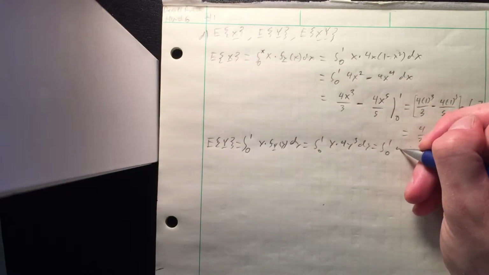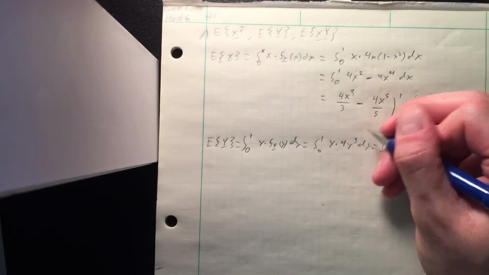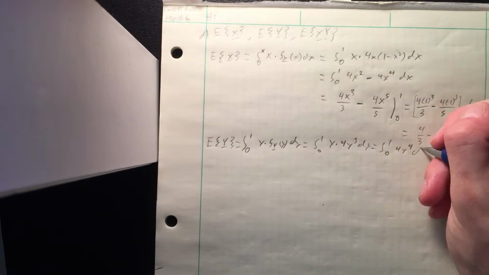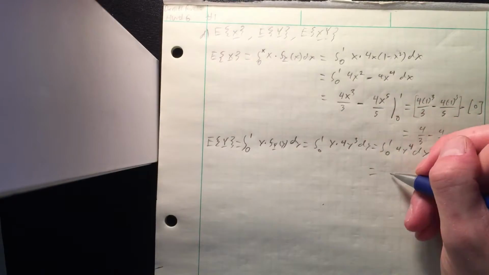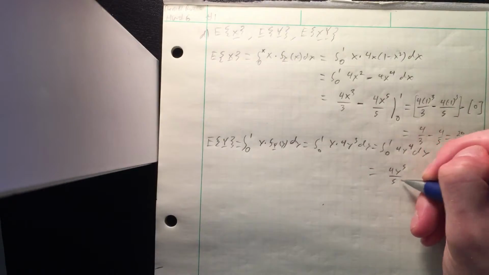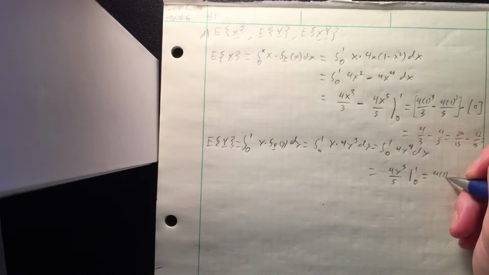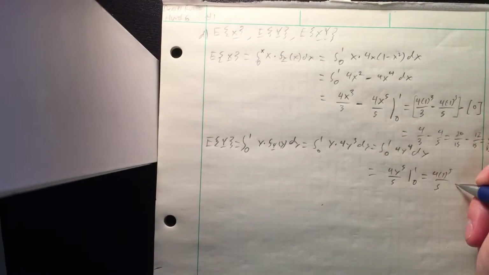So 1 to 0, 4y to the 4th dy, so 4y to the 5th over 5, 1 to 0 is equal to 4 times 1 to the 5th over 5, which is just 4 over 5.